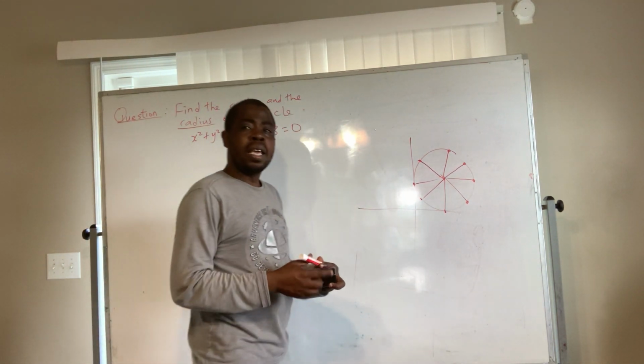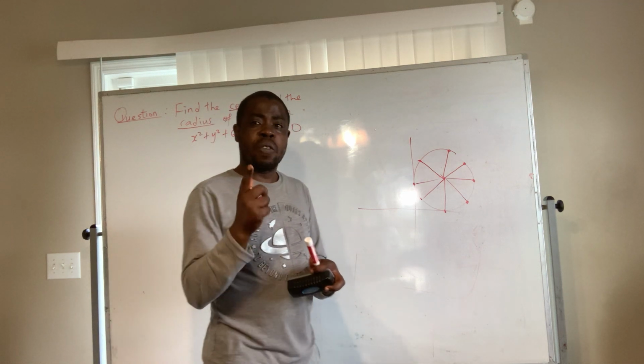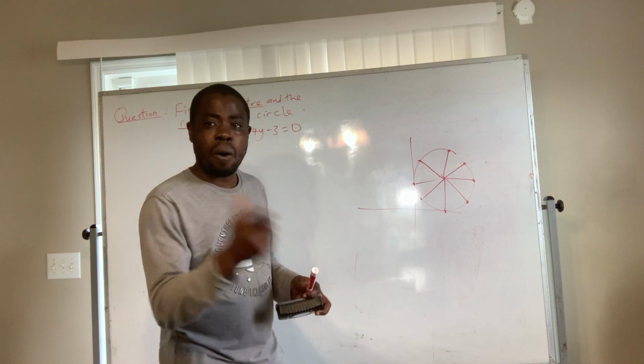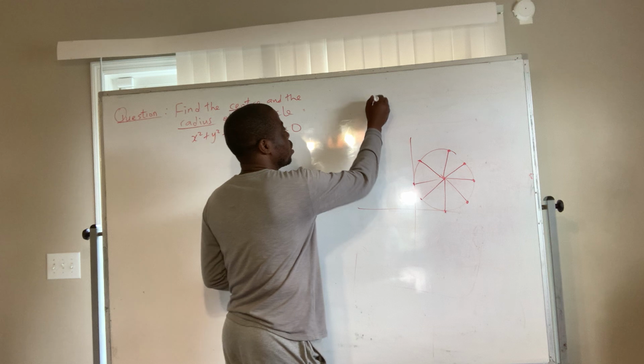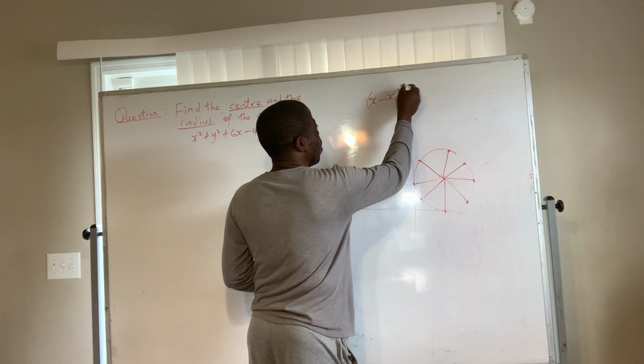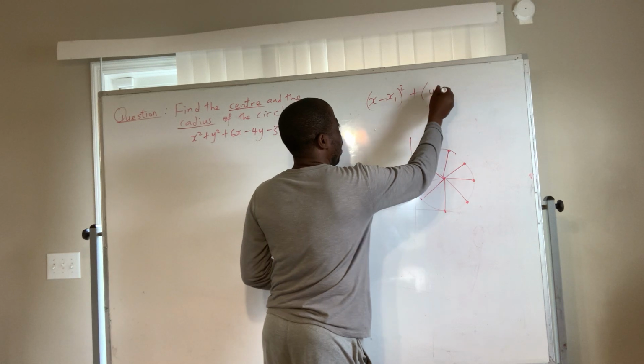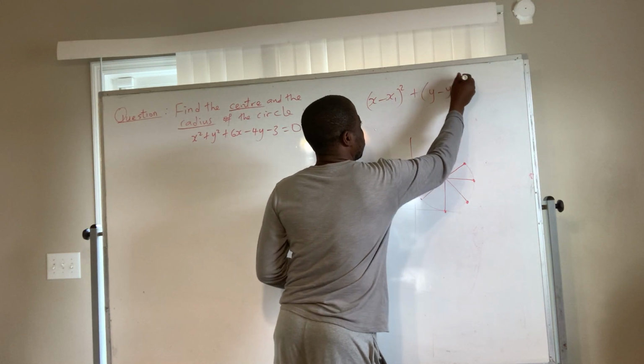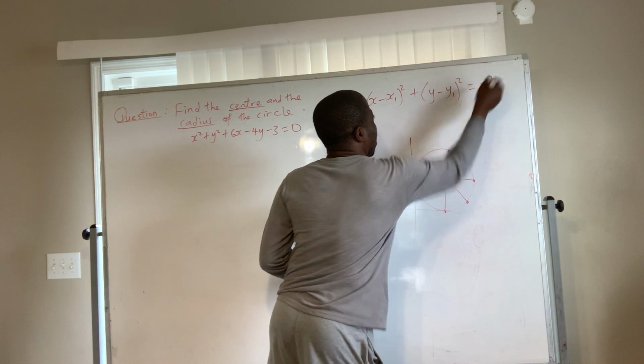And generally, you represent the equation of a circle in a standard form this way: x minus x1 squared plus y minus y1 squared equals r squared.